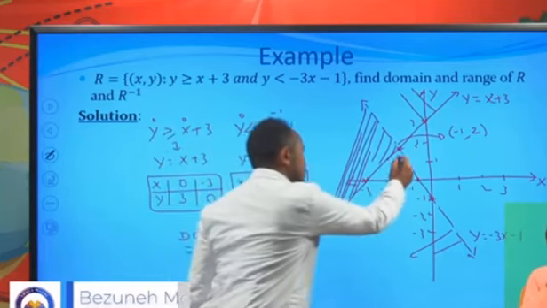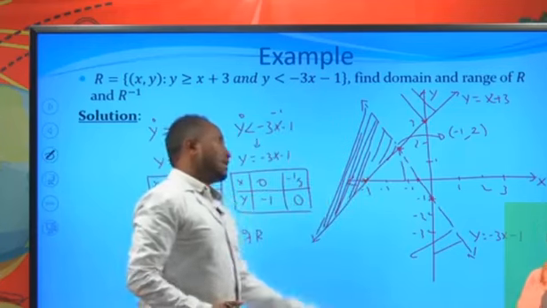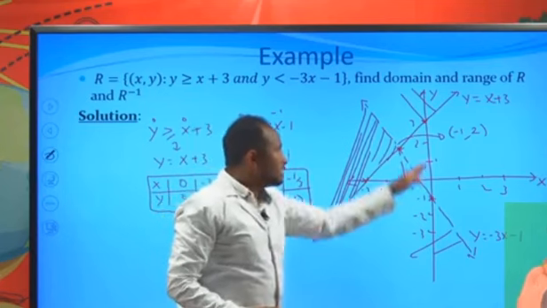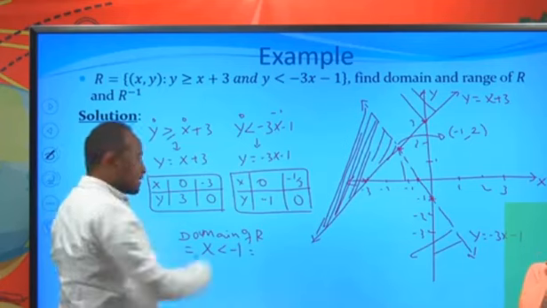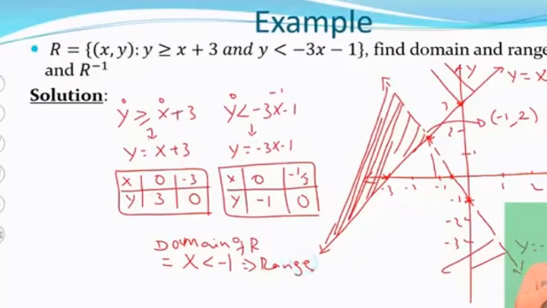This point is -1, so the domain of this relation will be x less than -1. It doesn't include -1 because it's a broken line, and the other is a solid line. Their intersection is not part of our region. Therefore, the domain will be x less than -1, which is the domain of R. It is the range of R inverse. No need of drawing the graph for R inverse. This is the range of R inverse.